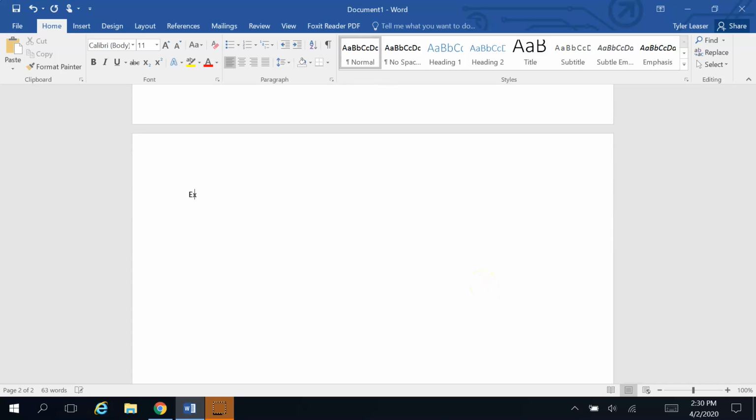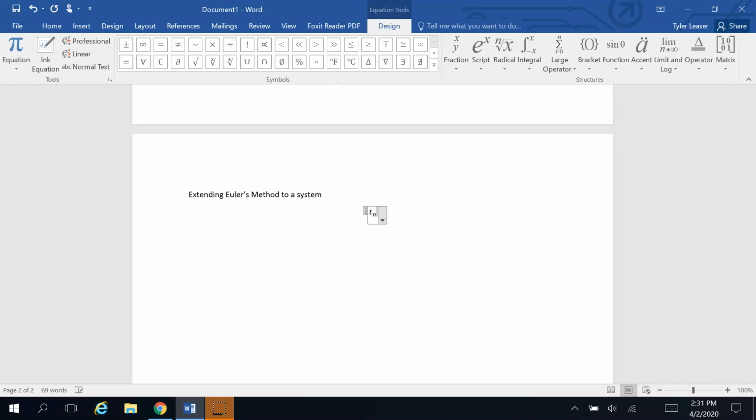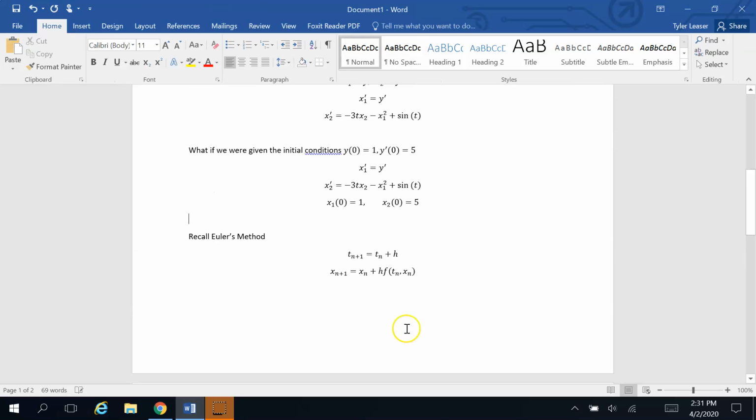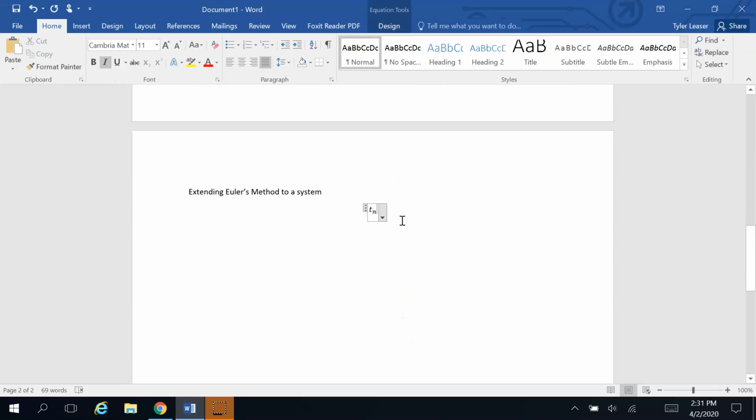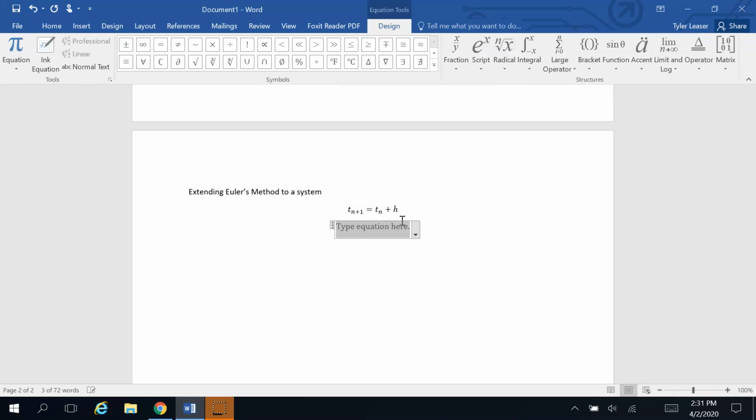Let's look now at extending Euler's method to a system. We are still going to be increasing my t by the same amount. So the next t value is the previous t value plus that h. That does not change. What is going to change, though, is how we look at our variables. So we still have those m different functions. So x1, x2, x3, all the way to x sub m. We need to increase each one of those by that step amount.